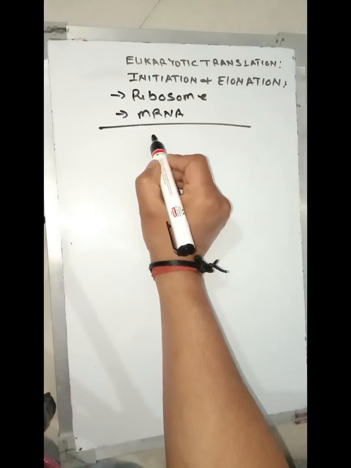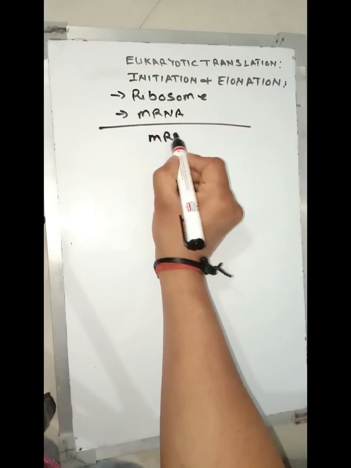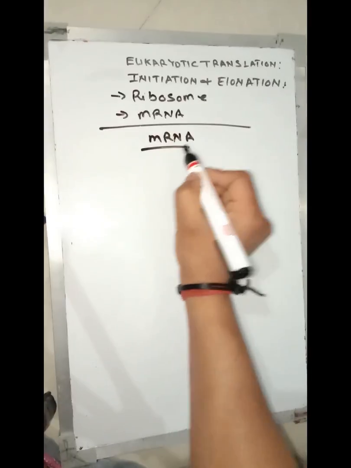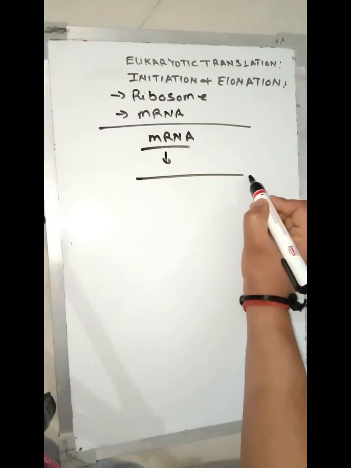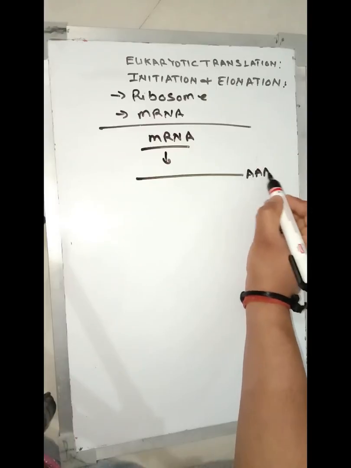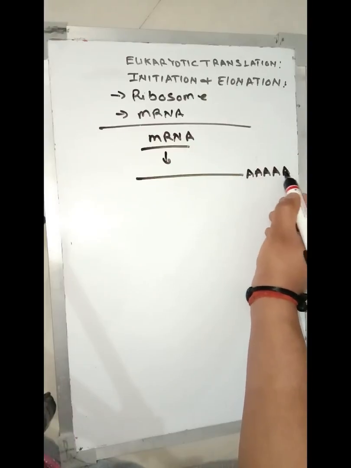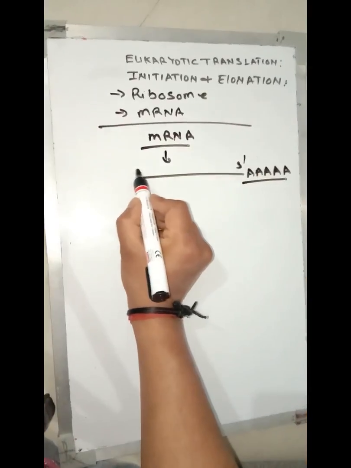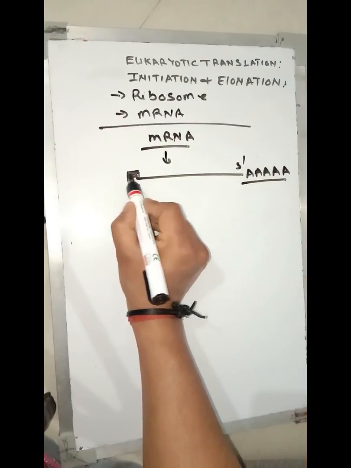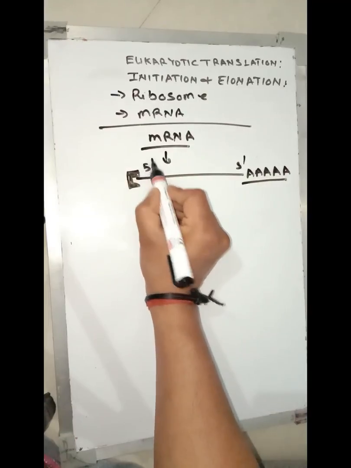Next is mRNA. In case of eukaryotes, mRNA is modified by the addition of polyadenylation, or addition of adenine at the 3' end, and capping at the 5' end.